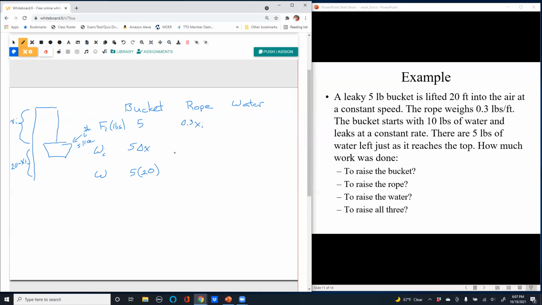Now that needs to get moved up delta X. So we have 0.3 X sub I delta X. And now, as we've talked about before, all we need to do to get this into our definite integral is 0.3 X sub I dx, and X sub I is going to go from 0 all the way to 20.